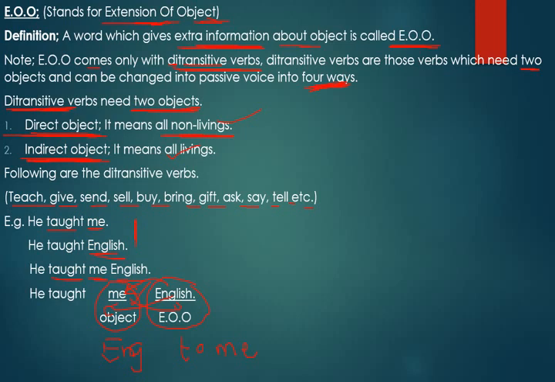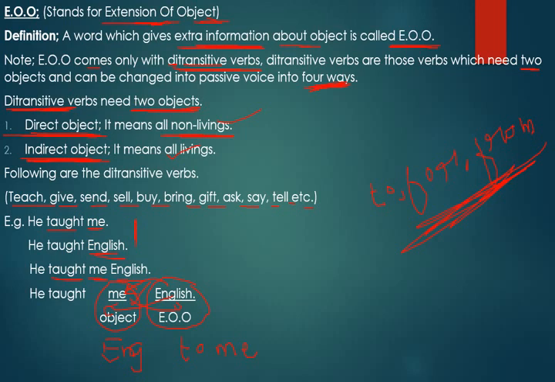When we learn prepositions you will get them, but here I'll just give you one example. One is to, one is for, and one is from. These are mostly the three prepositions used when you are shuffling the places of your objects. If you say he taught English, then you have to use to me over here. So he taught English to me.